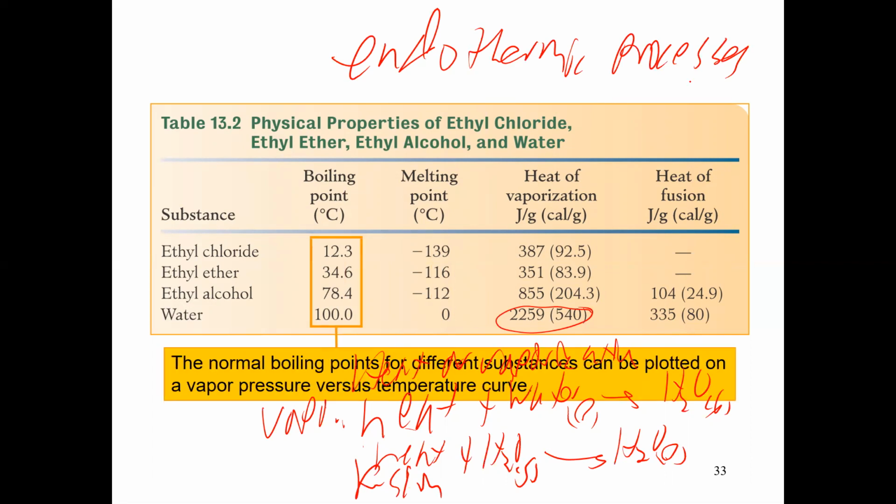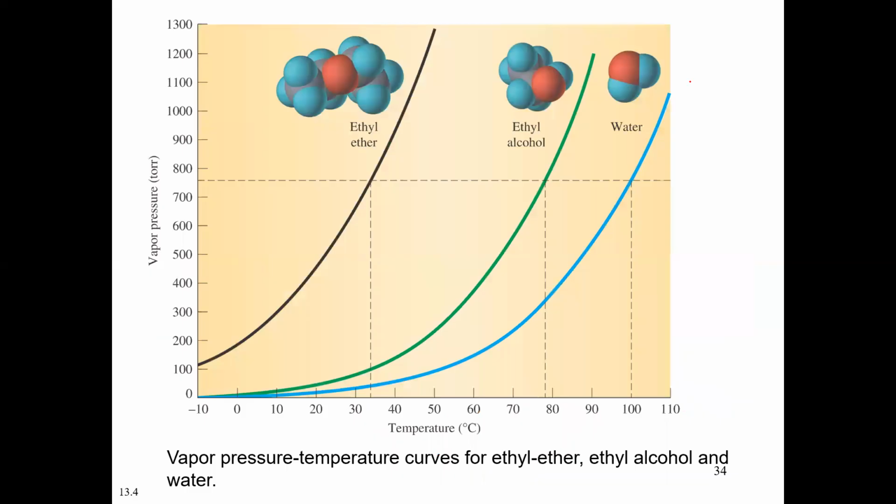The normal boiling points for different substances can be plotted, and you can see how they work regarding vapor pressure and temperature curves for each of them. And it's really quite interesting. They basically determine these curves by doing experiments.